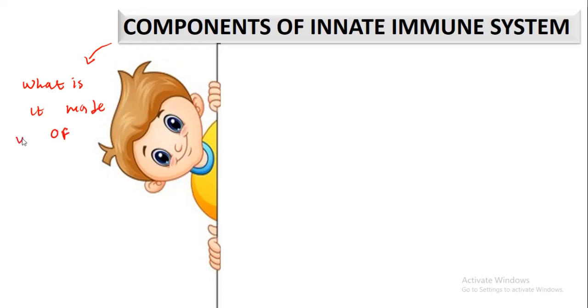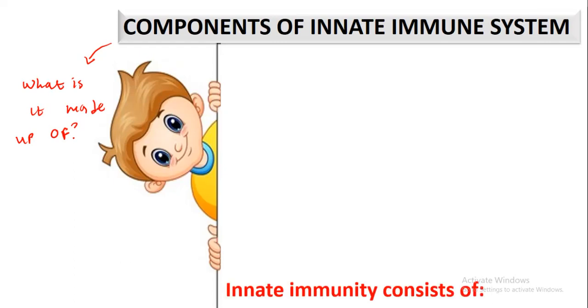Okay, what is the innate immune system made up of? We have said that the innate immune system is something that is natural. It is something that you are born with. It is something that forms the first line of defense. Now, since we have said that, and I've literally explained some few points, we need to understand what the innate immunity is made up of.